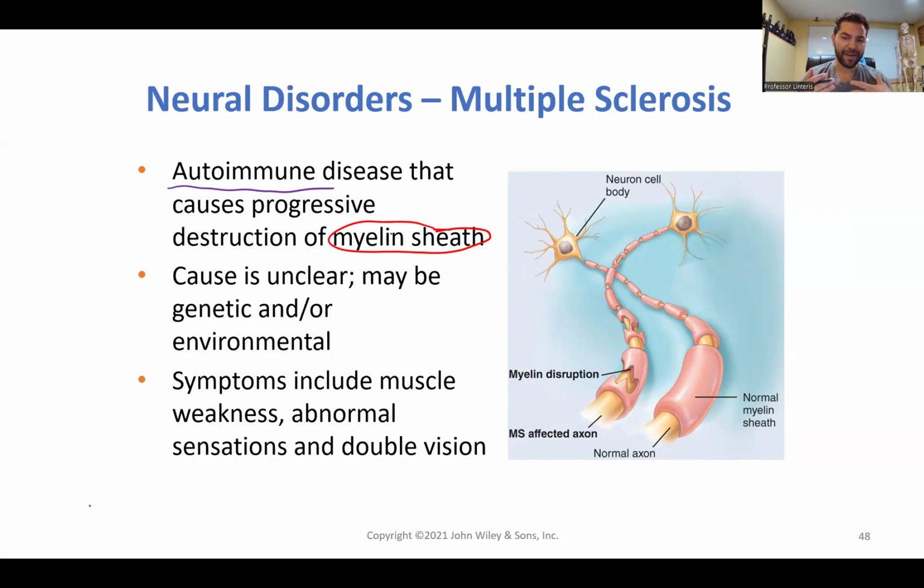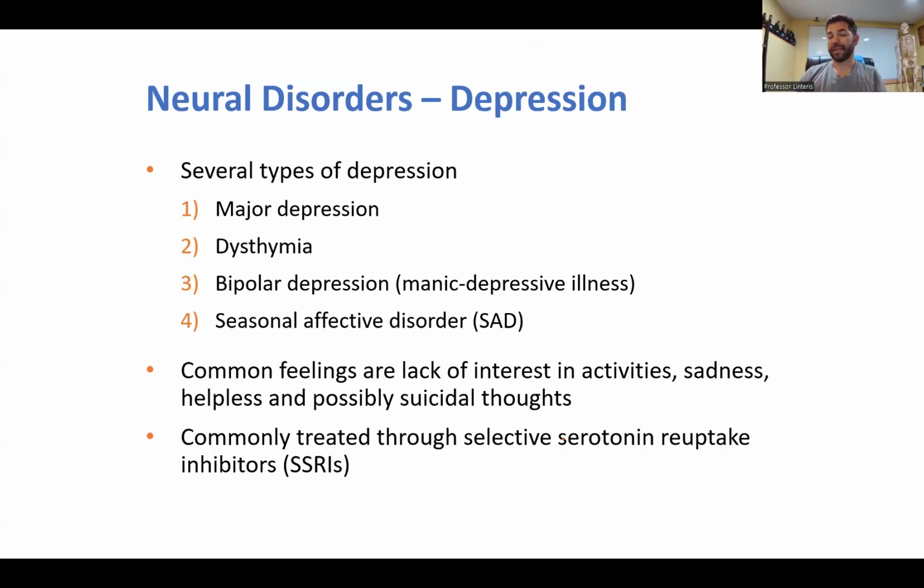But clearly that's going to affect the ability of this destroyed neuron to relay messages, and it could lead to muscular weakness, vision issues, abnormal sensation, right? There's a variety of types of neurons that are myelinated. That's MS. And there are different types of neural disorders in the brain.